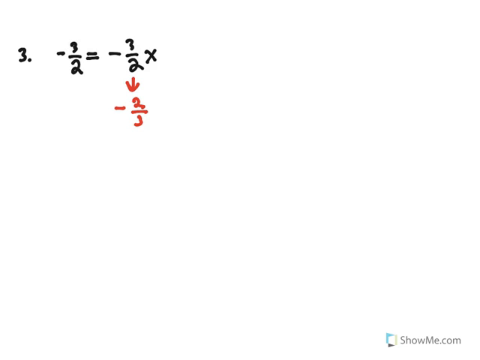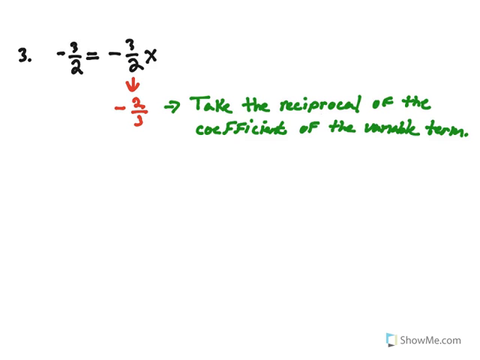Okay? So we take the reciprocal of the coefficient of the variable term, which is negative 3 halves x. You take the reciprocal of negative 3 halves, it's negative 2/3. Notice we keep the negative there. Okay, and then we want to multiply that reciprocal on both sides of the equation.